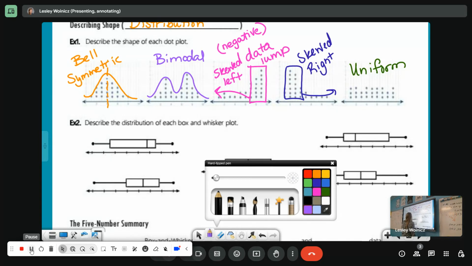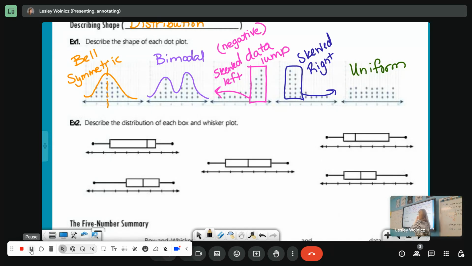It's a little bit more exciting with a box and whisker plot. Because, well, let's just start with this one. You see how this one is kind of even on both sides? Okay, this one is probably symmetric. And I'm saying probably because we do not know where in between these quartiles the values are landing.